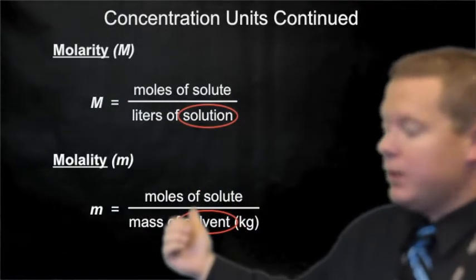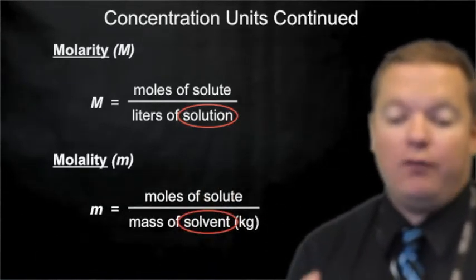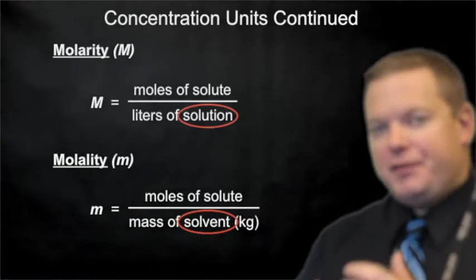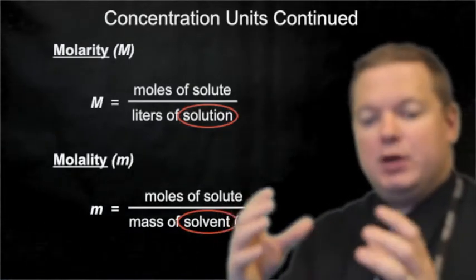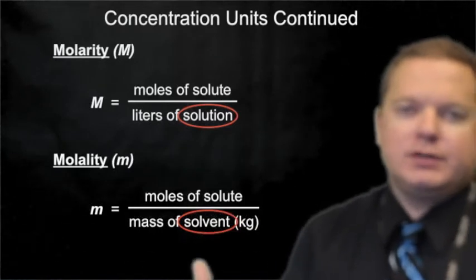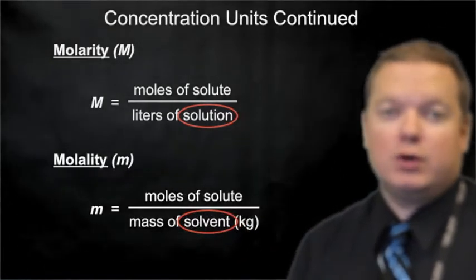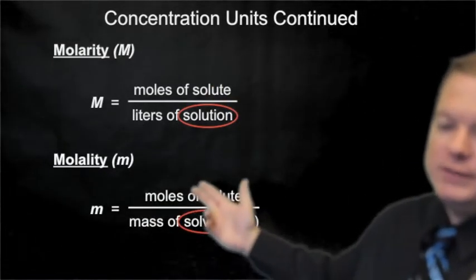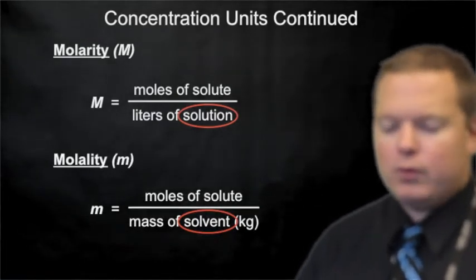In molality, lowercase m, it's the moles of solute divided by the mass of the solvent, just the solvent, in kilograms. So again, we can talk about these as the quantity of solute in some unit. For both of these, it's moles divided by some amount of solution or solvent. Right? Molarity is liters of solution. Molality is mass in kilograms of solvent.